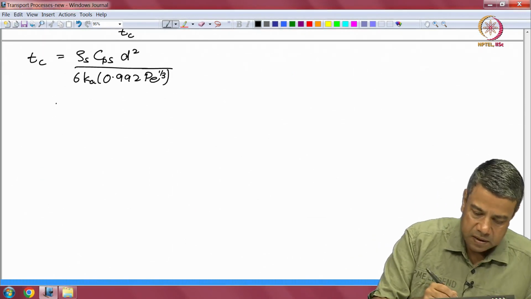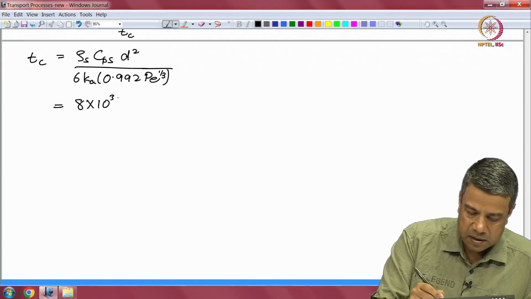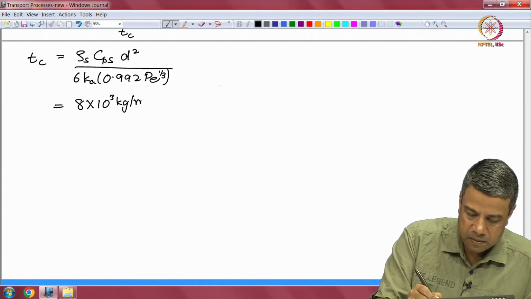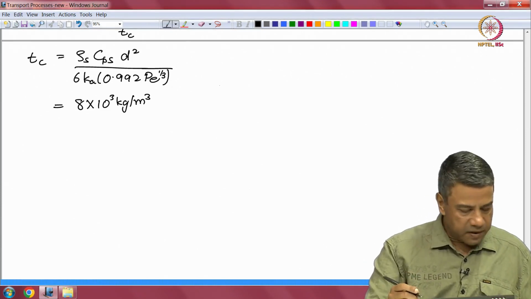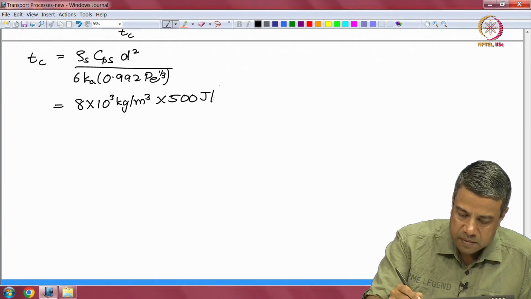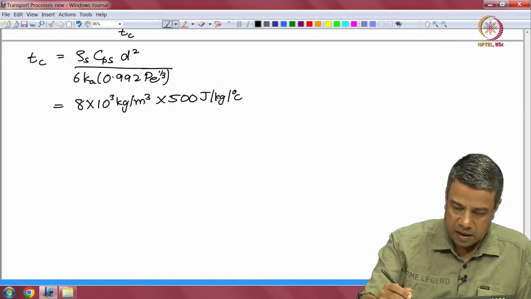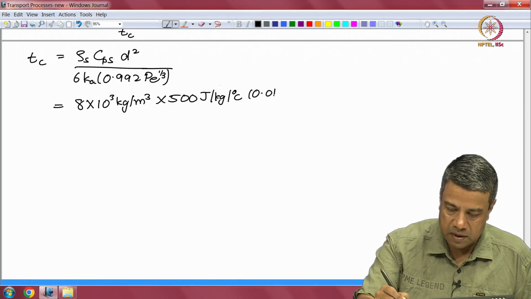This was 8 into 10 power 3 density kg per meter cubed, and the specific heat was 500 joules per kg per degree centigrade, and the diameter of the sphere was 1 centimeter or 0.01 meter.